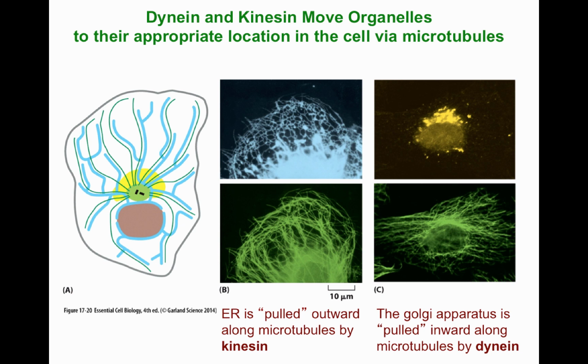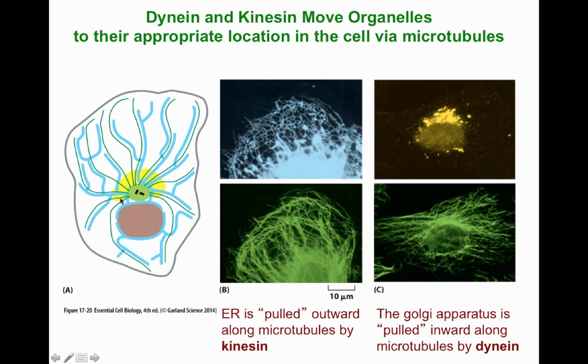Now, in this image, let's take a look at the microtubule network. In this microtubule network, what we have shown here in green, in the cell on the left, is the microtubule organizing center, which is sprouting microtubules outward.